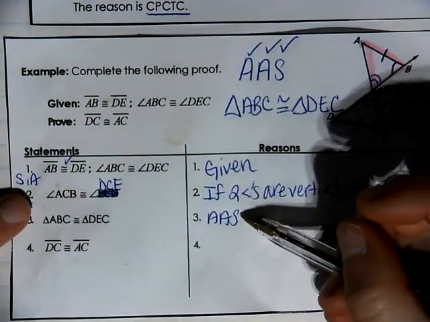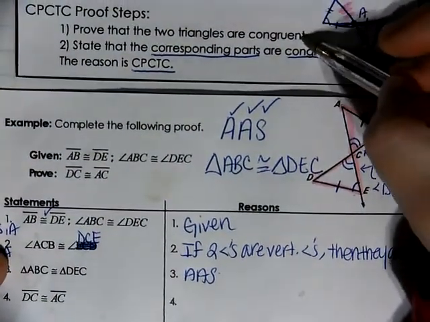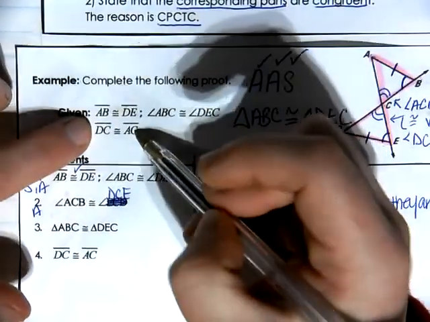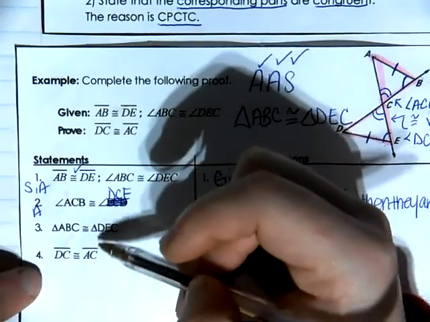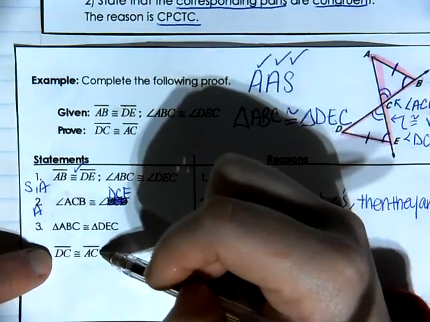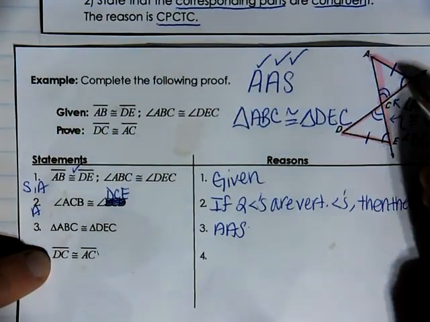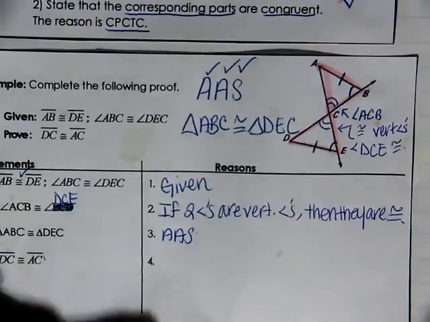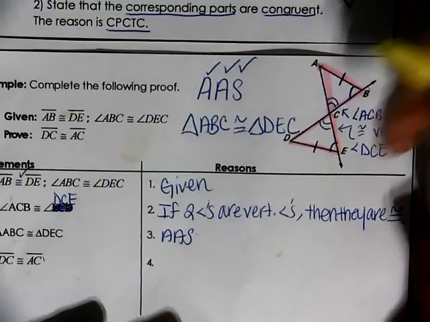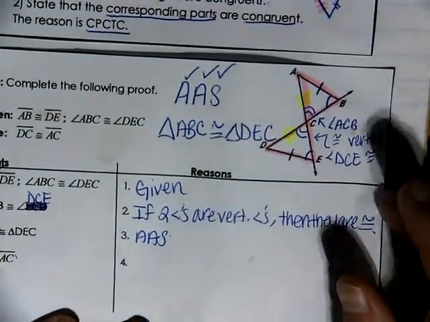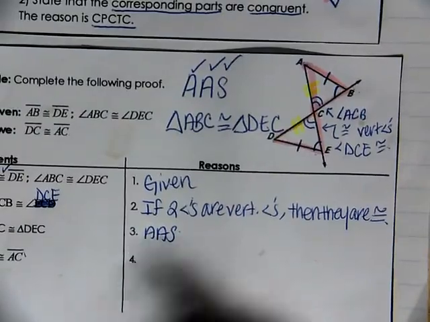So now that I have proven triangles are congruent, I'm done with step one. My last step is what I'm trying to prove here, that DC has to be congruent to AC. So I am able to say that DC is congruent to AC simply because these two triangles are congruent.